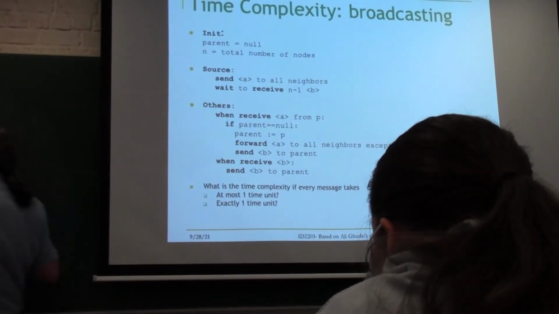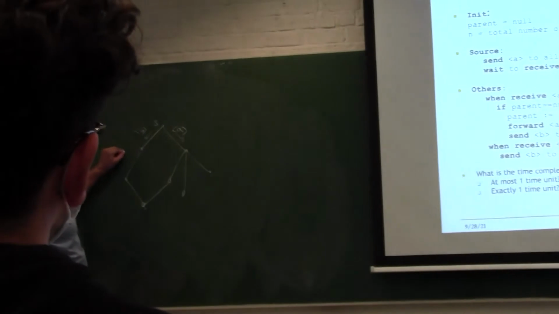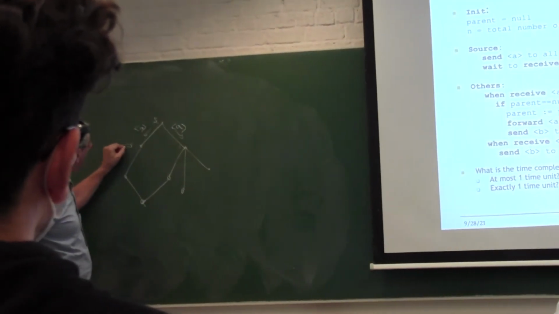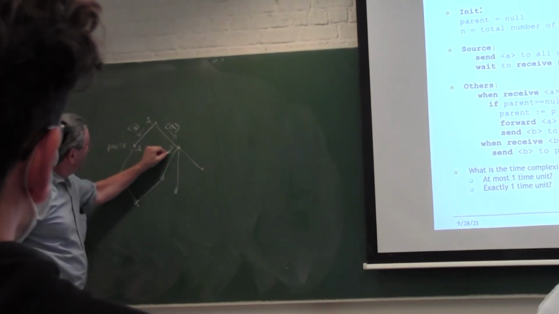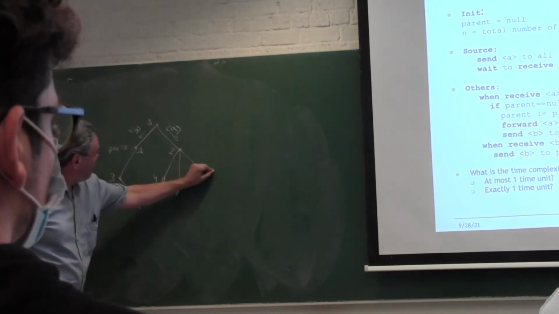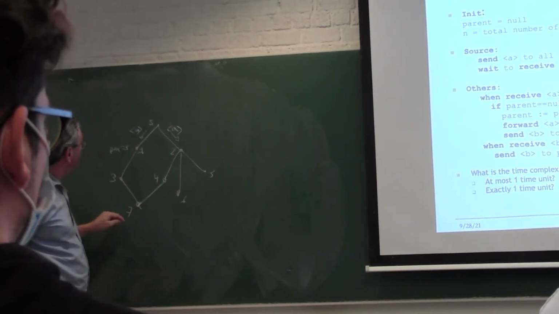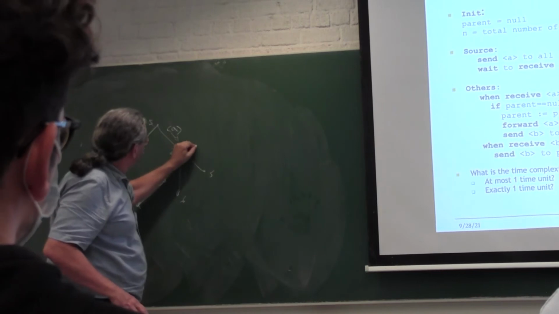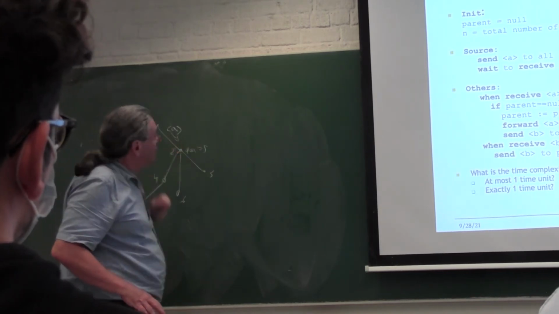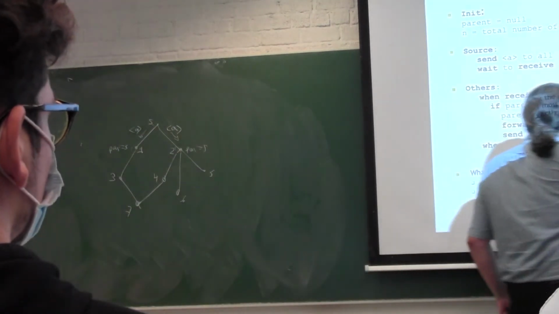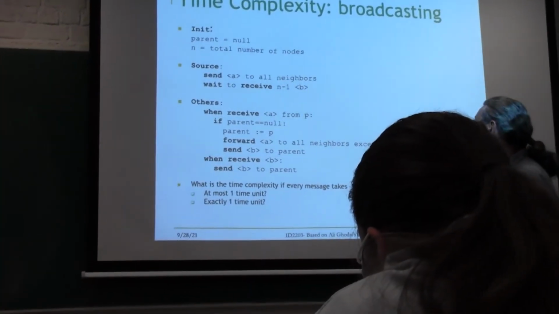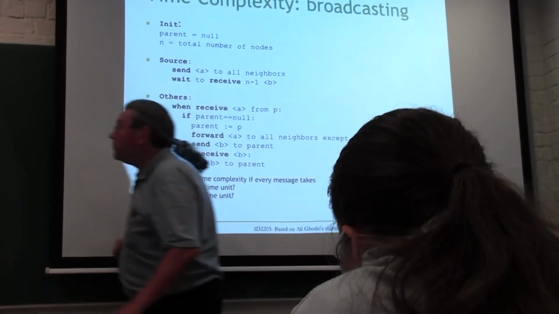Here the parent node will be S. Let me number these: 1, 2, 3, 4, 5, 6, 7. So here the parent will be assigned to S. Okay? And then I forward A to all neighbors except for the parent, and I send B to the parent.